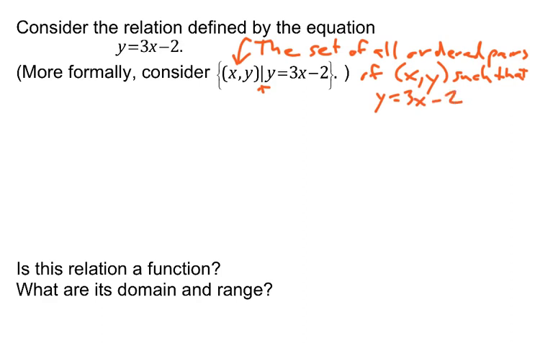The set of all ordered pairs such that y equals 3x minus 2, or the set of all ordered pairs that make the equation y equals 3x minus 2 true.